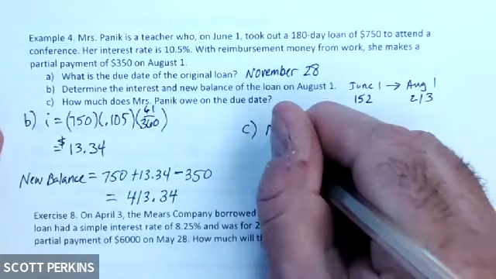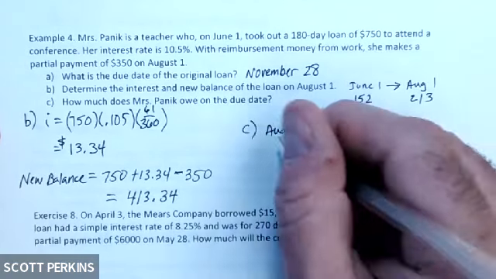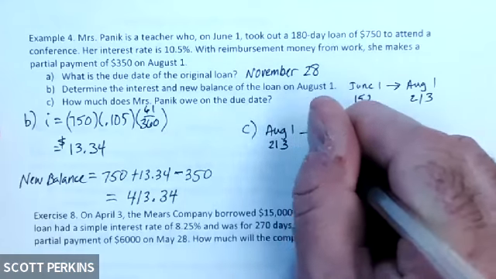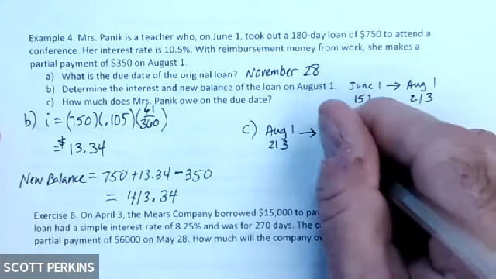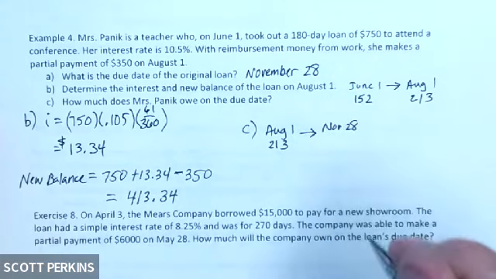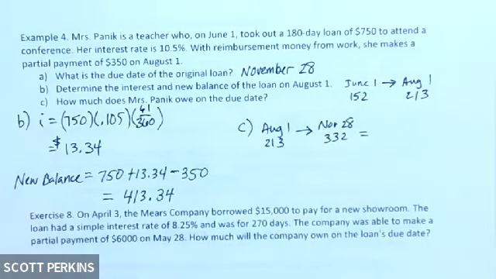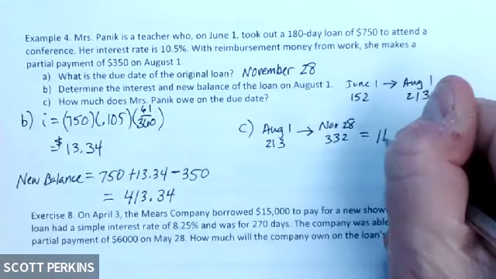August 1st, when she made the partial payment, was the 213th day. November 28th turns out to be the 332nd day. So that means she has the money 119 more days.